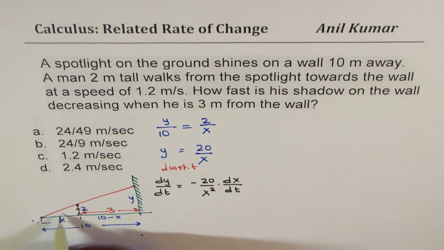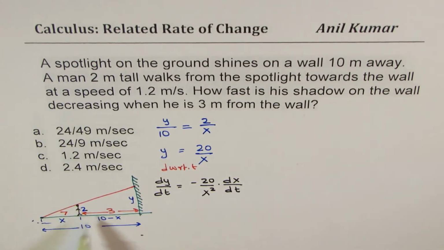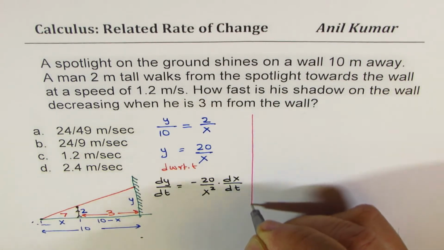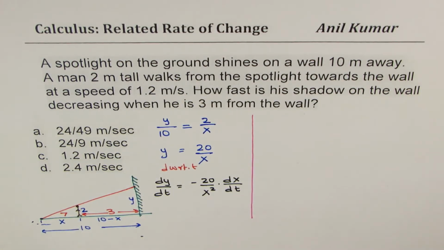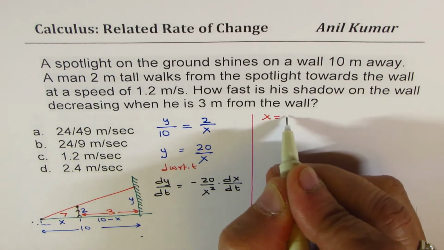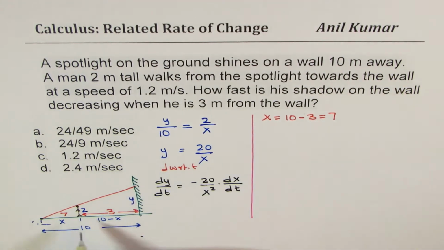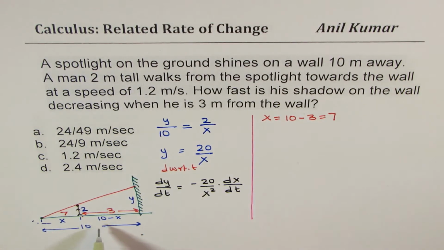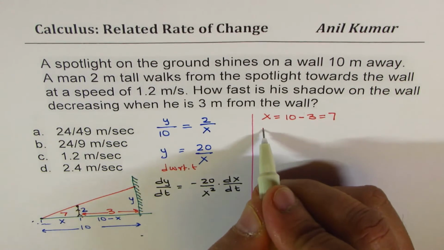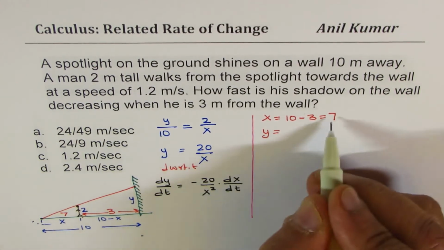In that case, what is x? x is going to be 7. Do you see that? So let us write down the conditions here. So x equals 10 minus 3, which is 7. This is important to understand: 3 meters from the wall. And y will be equal to 20 over 7.